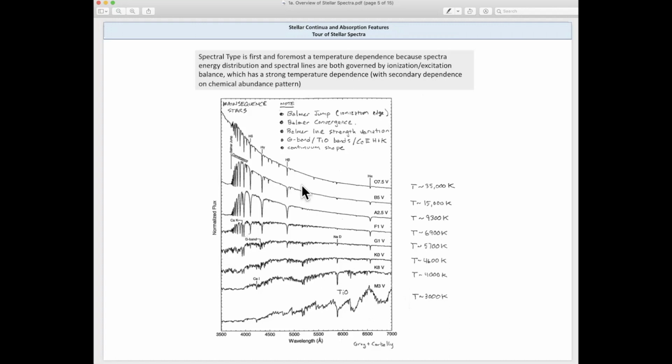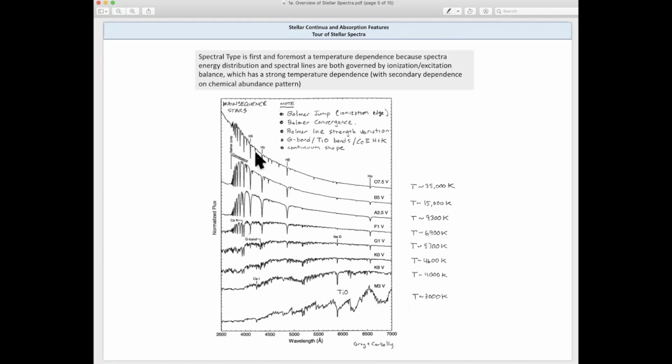Then you might notice something about, we'll go to the third bullet, the Balmer line strengths: H alpha, H beta, H gamma, H delta, and H epsilon. Those are about as far as you need to go down the chain before you get to something called the Balmer Convergence, where the lines start to come together so much that you see the flux curl over until you get to n=2 to infinity, and you get the ionization edge here.